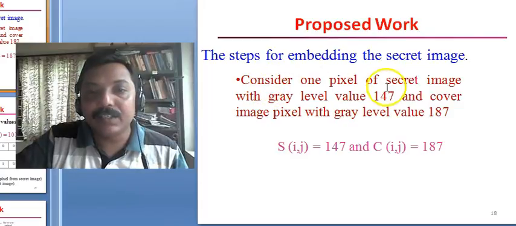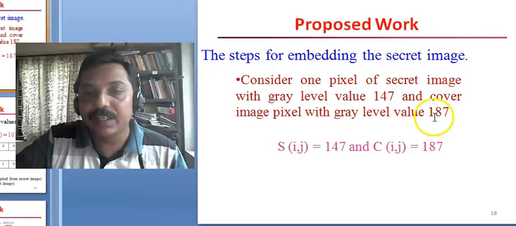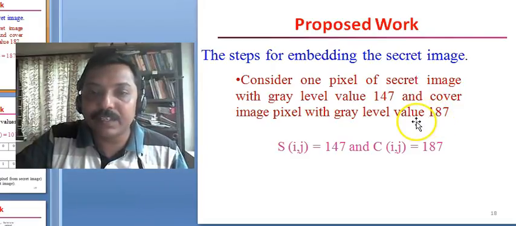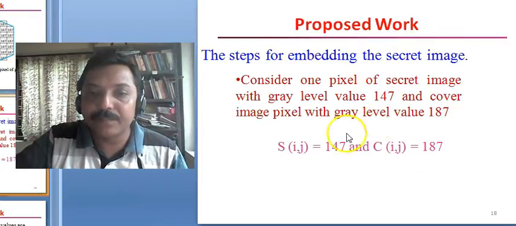So consider one pixel of the secret image with gray level value 147 and one cover image pixel with gray level value 187. As in the previous slide, the cover image pixel is represented like this. It consists of 56 subpixels.